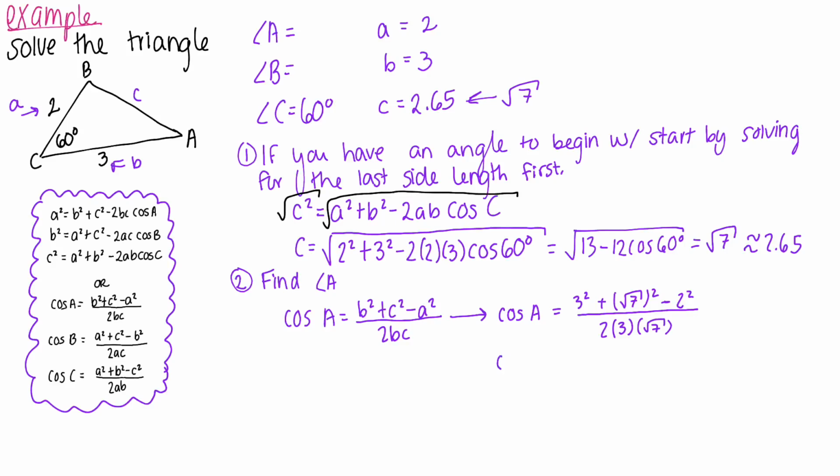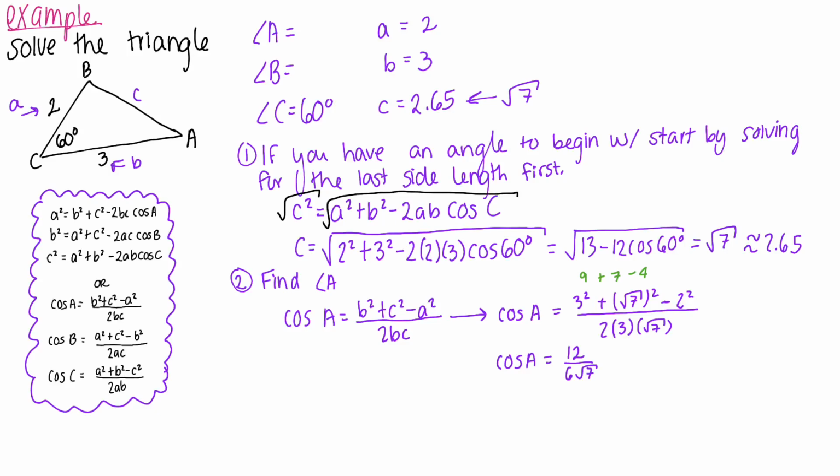So I have cosine A is equal to, this will be 9 plus 7 minus 4, so 16 minus 4, 12 on top. So 12 over, on the bottom we have 6 square root 7.